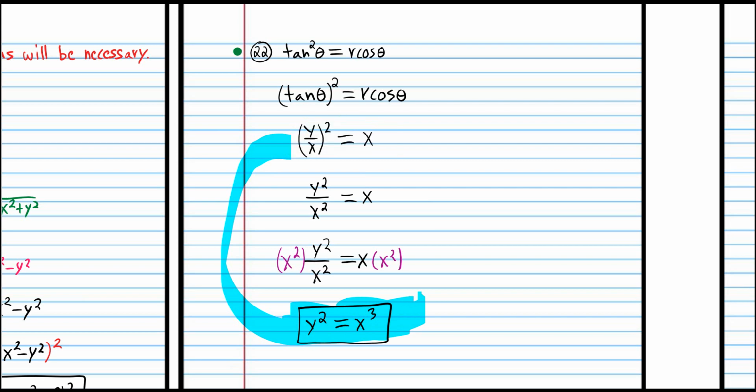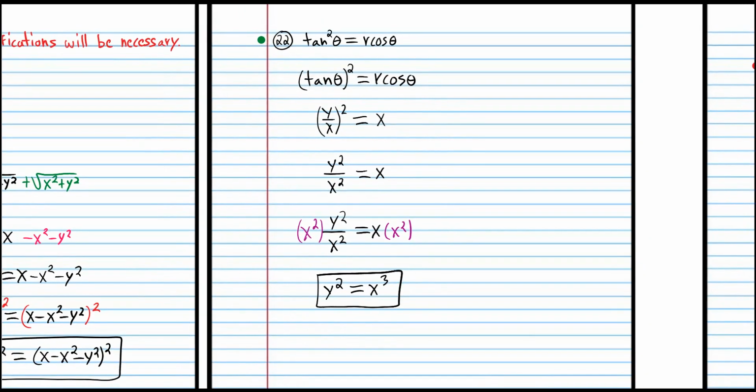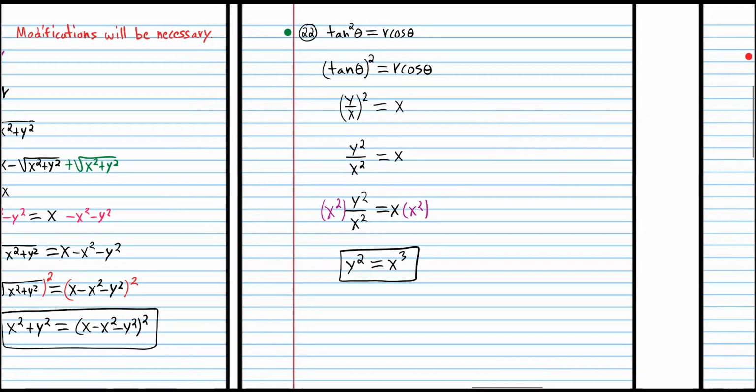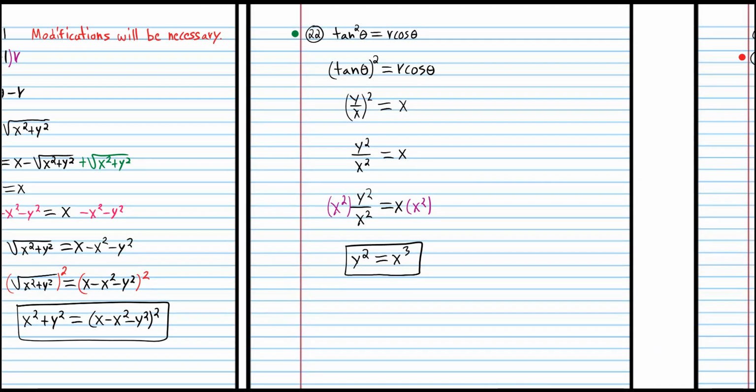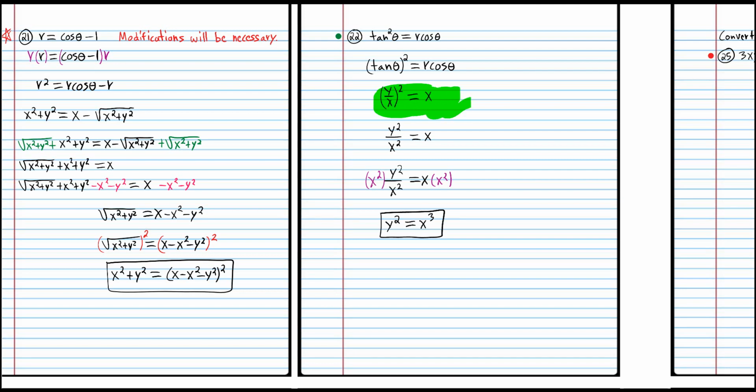Now, notice that we didn't have to deal with any square root x squared plus y squared terms. So what that means is we probably don't have to worry about potential problems or loss of coordinates. So if you got that right, good. If you stopped here, that's fine.